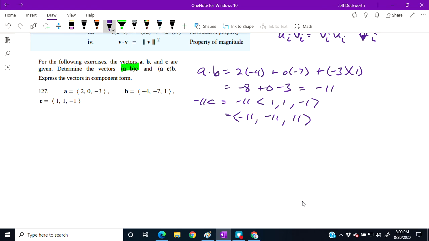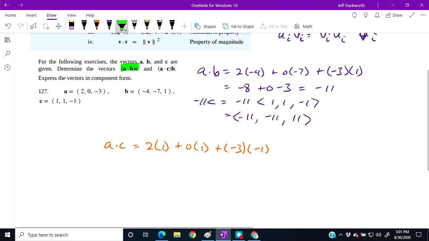Let's take a look at a dot c, however. So a dot c and then multiplied by b. A dot c is going to be 2 times 1 plus 0 times 1 plus -3 times -1.